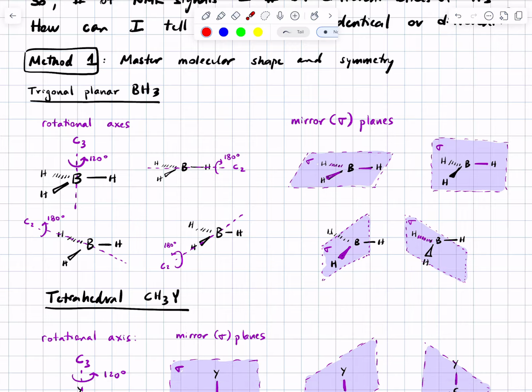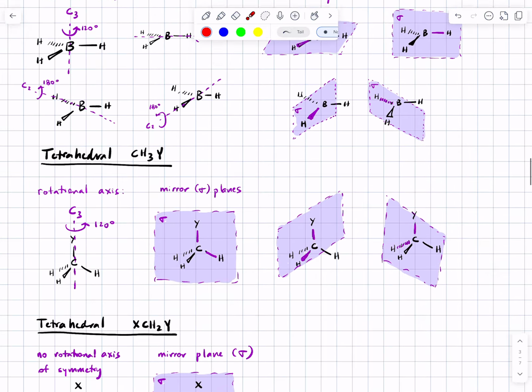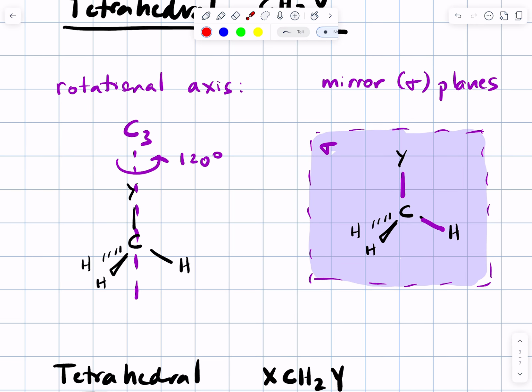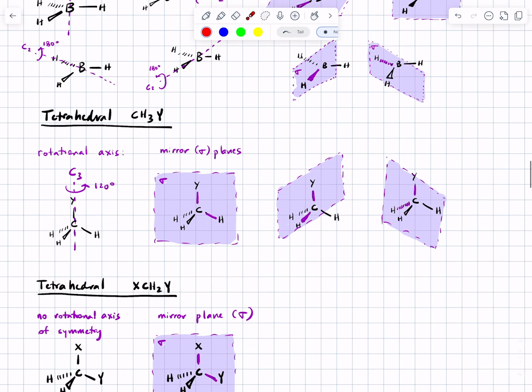And you should be better at mirror planes perhaps than you are at rotational axes, because we talked about mirror planes when we were dealing with chirality and identifying whether 2 things were identical or not. For example, a molecule that has a tetrahedral geometry, say a methyl group attached to something else, those 3 protons are interchangeable by rotational symmetry. So they're identical to each other.